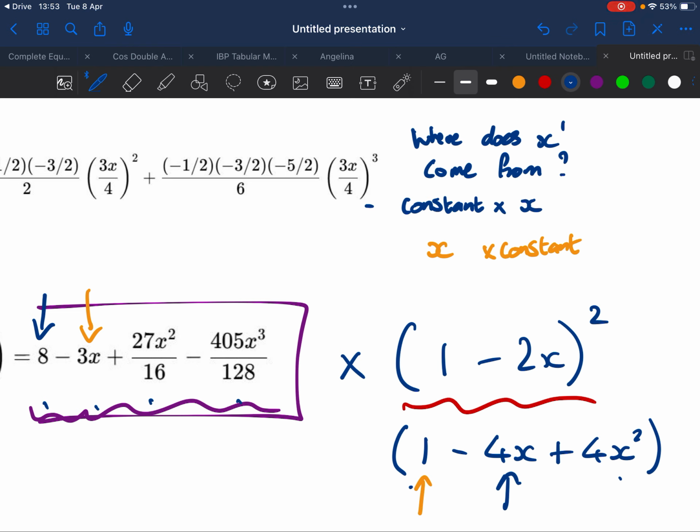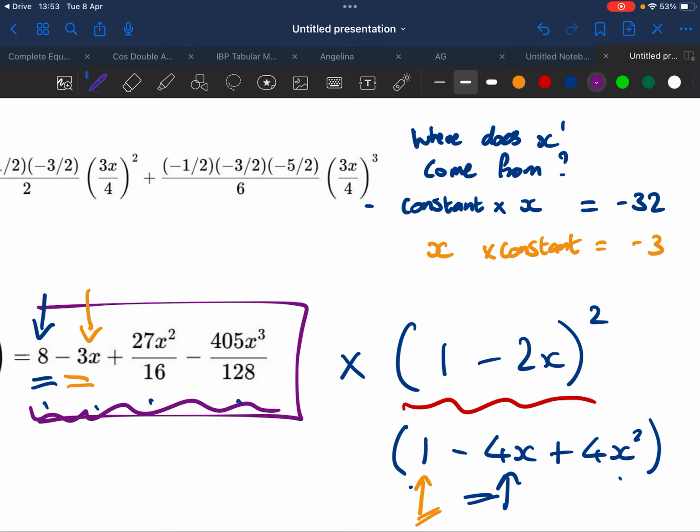That's not that hard. So the constant times the x means 8 times minus 4, so that's going to be minus 32. And how about the next one? For the next one, we've got the x term times the constant, which is just minus 3.